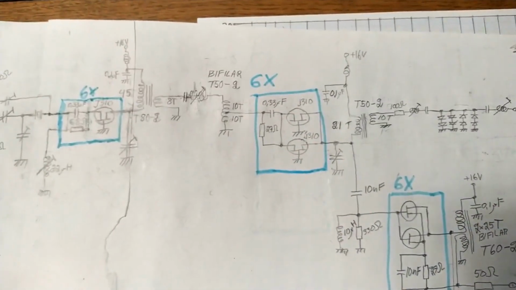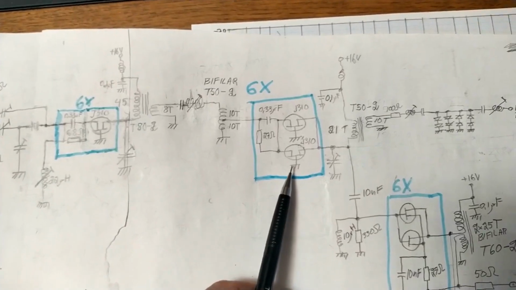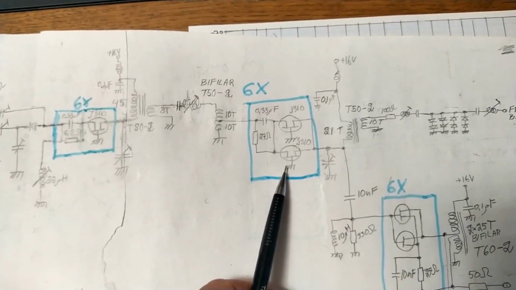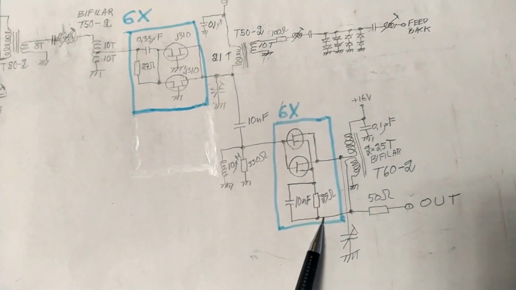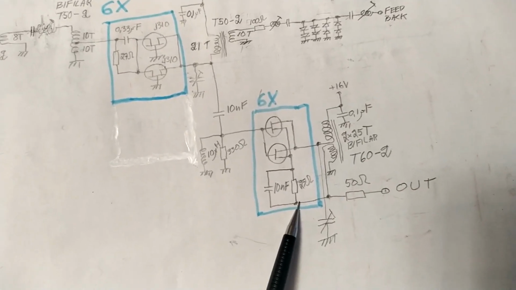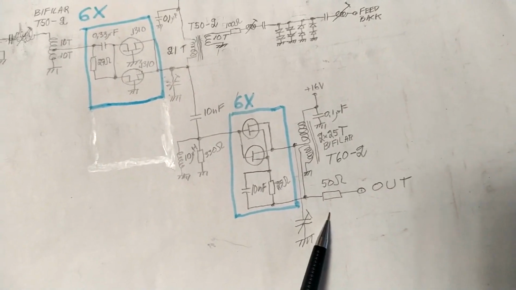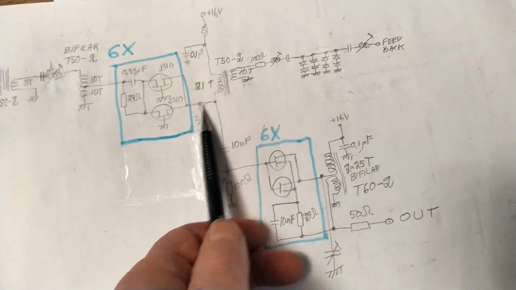And then the next stage here is 6 groups of 2 junction FETs. And then finally 6 groups of 2 junction FETs again. And then there is the output, and the feedback output comes from this stage.